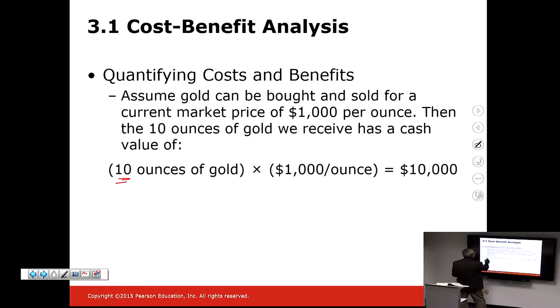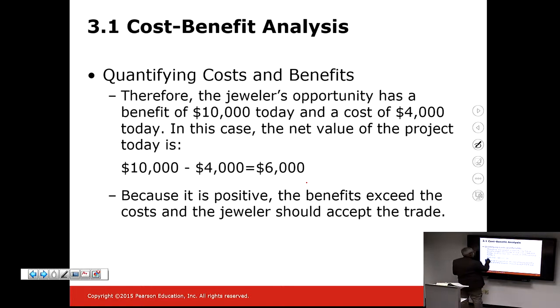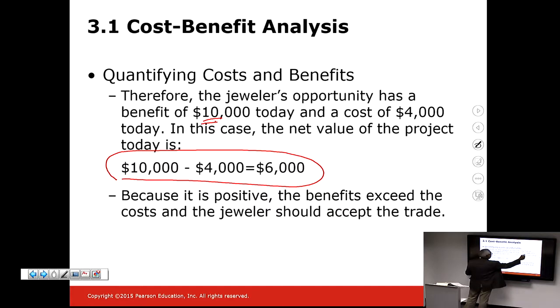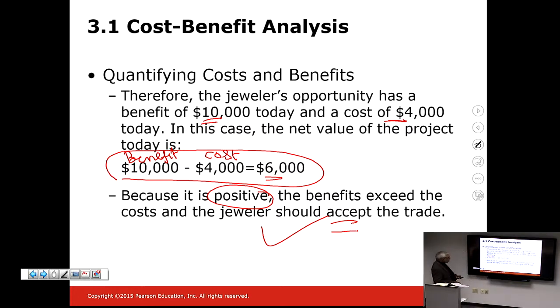And then we can convert the 10 ounces of gold into their dollar value at $1,000 per ounce, and only then we see that the net is in favor of the trade. The benefit is $10,000 today against a cost of $4,000. Since everything is today, we did not have to change anything into present value terms because they were already in present value terms. So benefit minus cost is positive. Since it is positive, we accept the trade. We accept the opportunity.